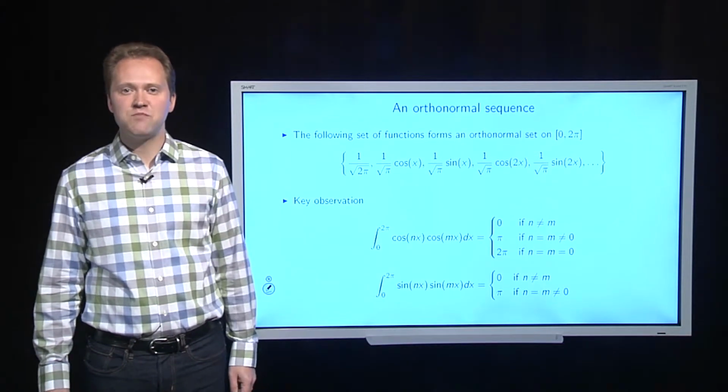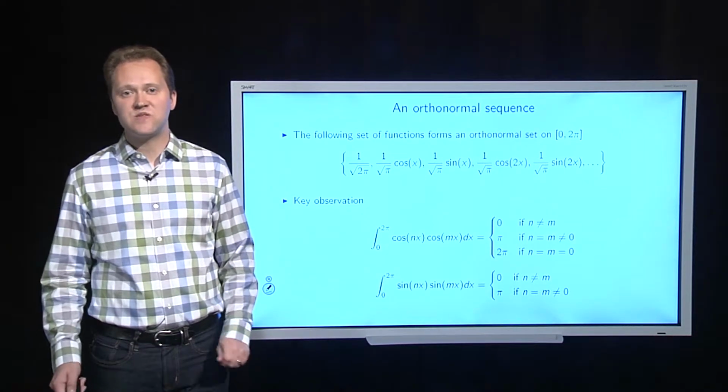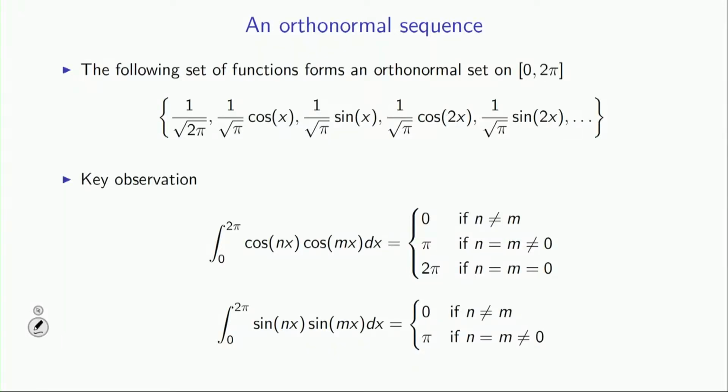The key observation behind that is looking at integrals of cosines and sines, pairings. Here I wrote integrals of cosine paired with cosine and sine with sine. You should also look at integrals where you pair cosines with sines, but these are the kind of integrals that you may have seen in calculus.